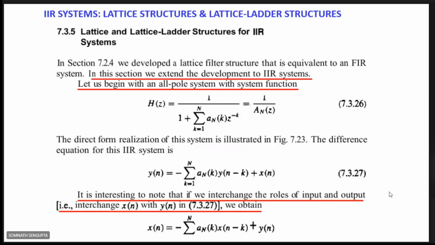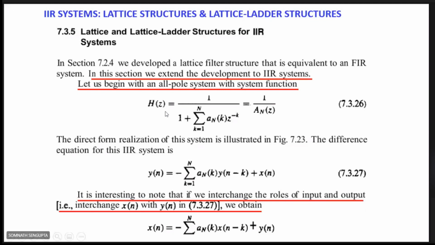Now, in describing lattice structure for IIR system, we consider a system function H(z) that consists of only denominator.